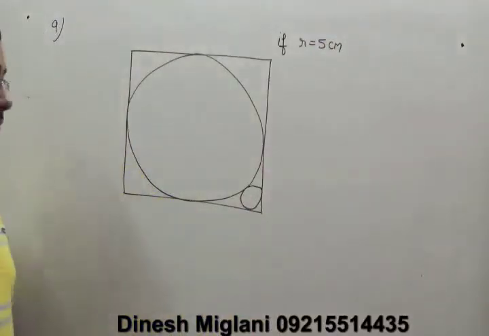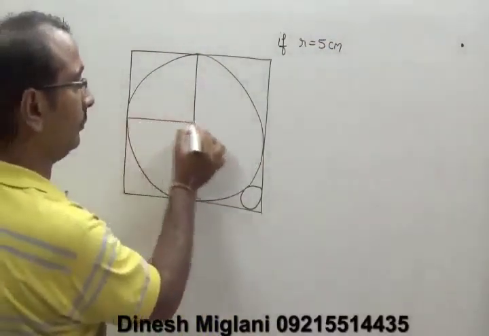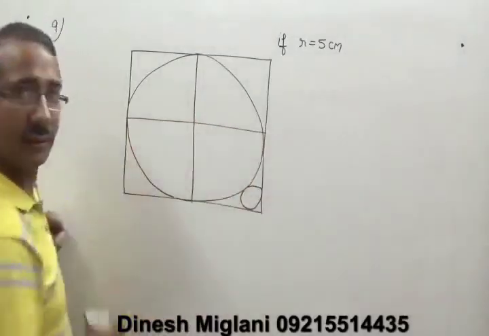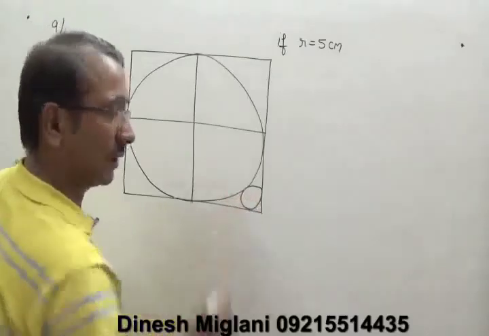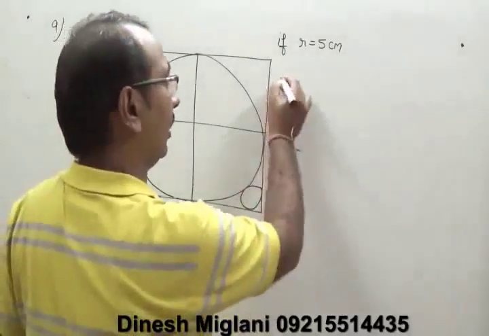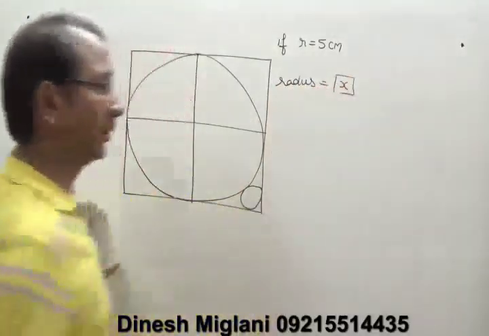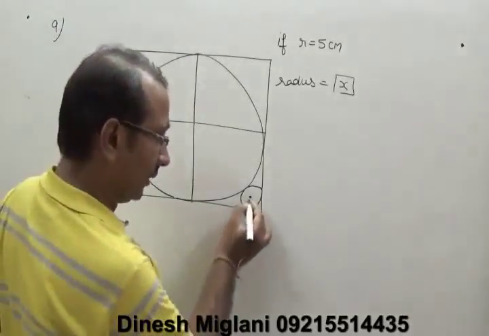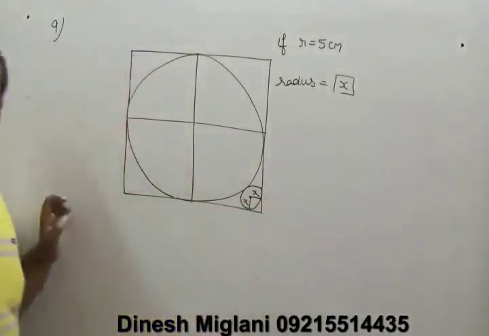Okay. Now, if I look at this question, I can simply state it in this way. This is 5, this is 5, this is 5, and this is 5, right? Now let us assume that the radius of the smaller circle is equal to X. It means if I take this to be center, this is X, this is also X. This is X and this is equal to X. Okay.